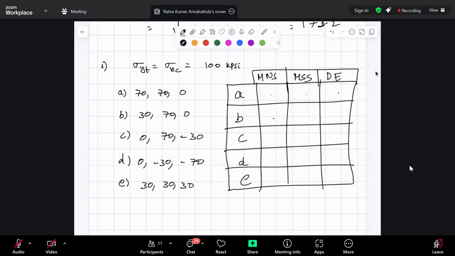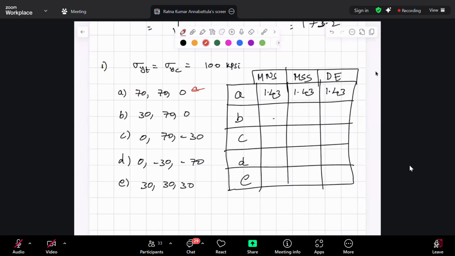Yes, sir. It's 1.43. Which theory? All of them are 1.43 only, sir. Then all are safe. That means this component will not fail. Yes. Next.